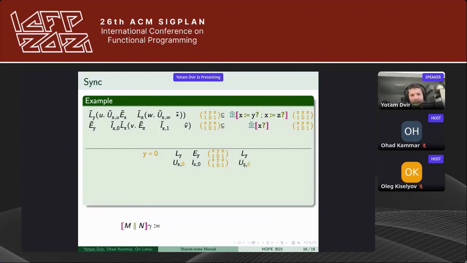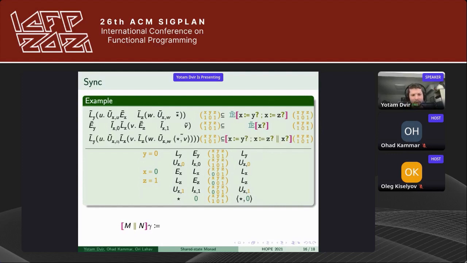So this synchronizes to UX0, which updates the state. And now we need to continue the synchronization where X is 0, and so forth. This thankfully works out. Once we get to the values, we ignore the state and just return the pair. And now we've got an algebraic term, which once we interpret it, we'll get an element of the monad, which will include here at this particular state.